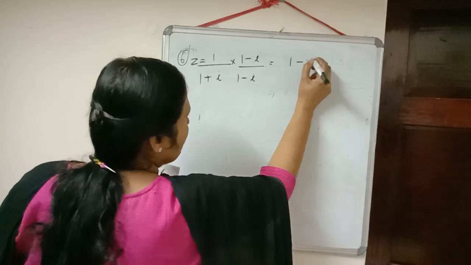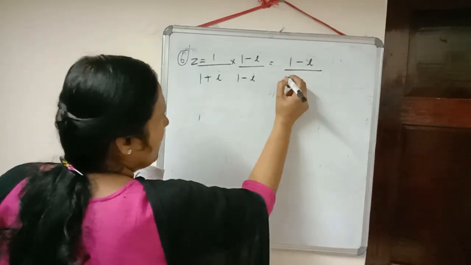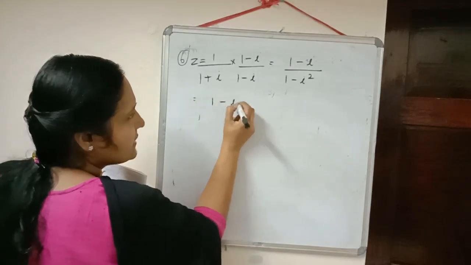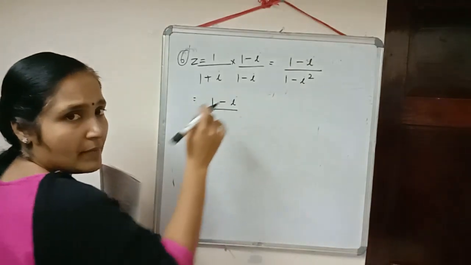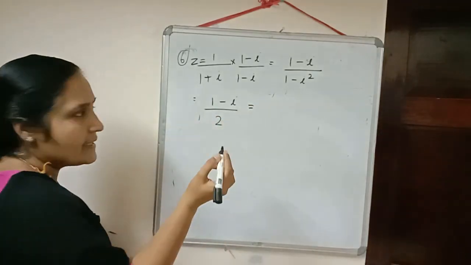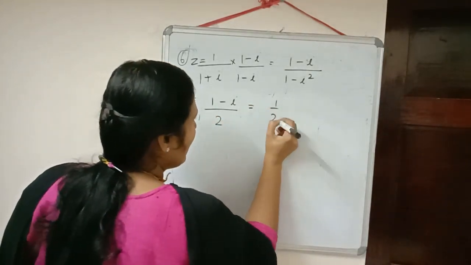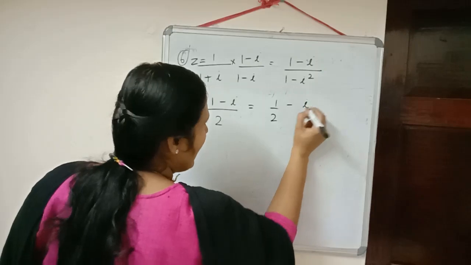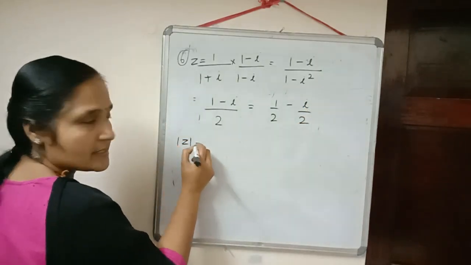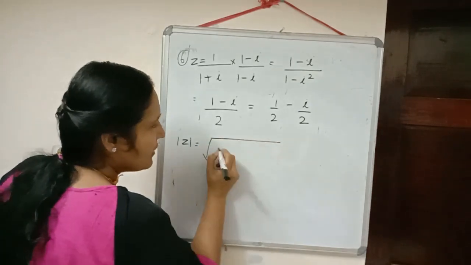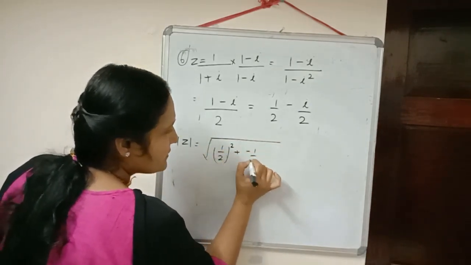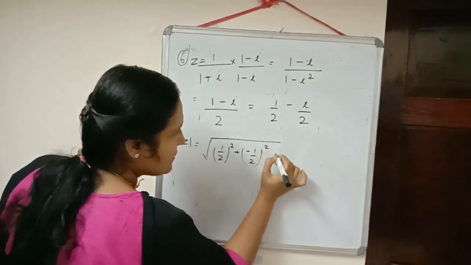So we will get 1 minus i by 1 minus i squared. Now i squared is minus 1, so 1 plus 1 will be equal to 2. Now we will write it separately. Then we get 1 by 2 minus i by 2. Now we can calculate mod z is equal to the square root of 1 by 2 the whole squared plus minus 1 by 2 the whole squared.